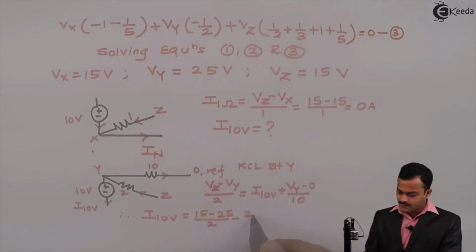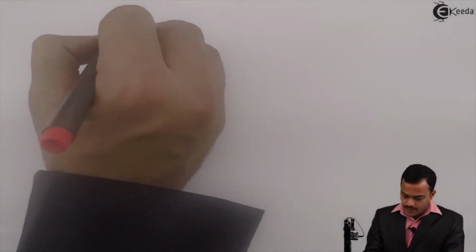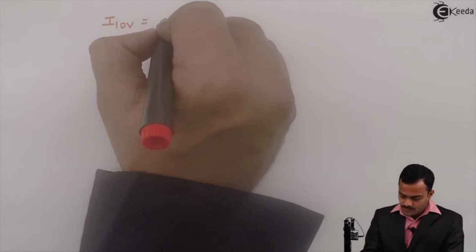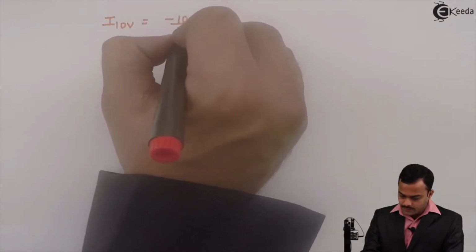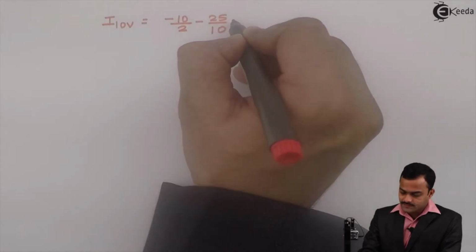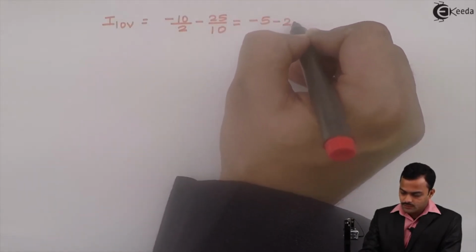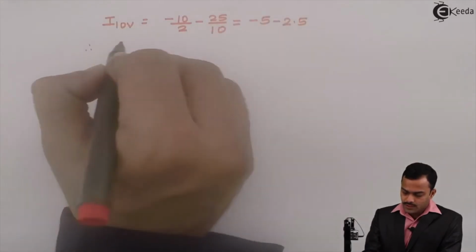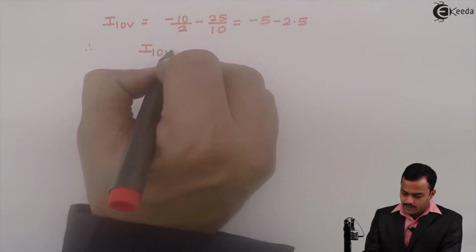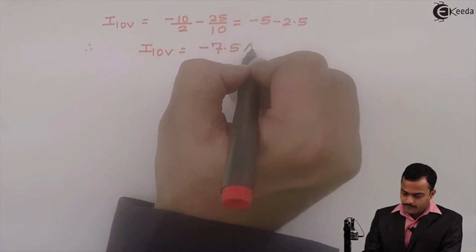So it's 15 minus 25 divided by 2 minus 25 upon 10. If I solve, I will get current flowing through the 10 volt battery as minus 10 divided by 2 minus 25 divided by 10. So I will get minus 5 minus 2.5. So current flowing through the 10 volt battery will be minus 7.5 ampere.